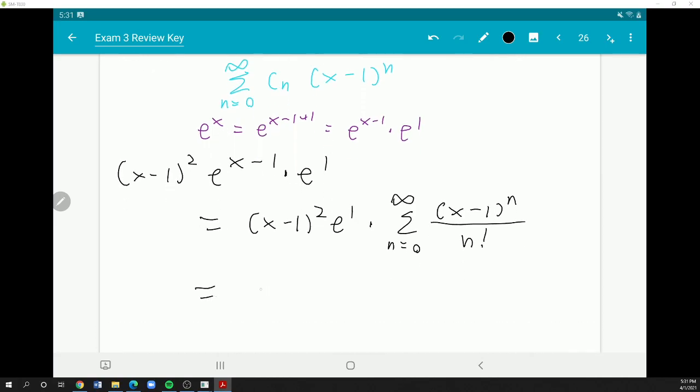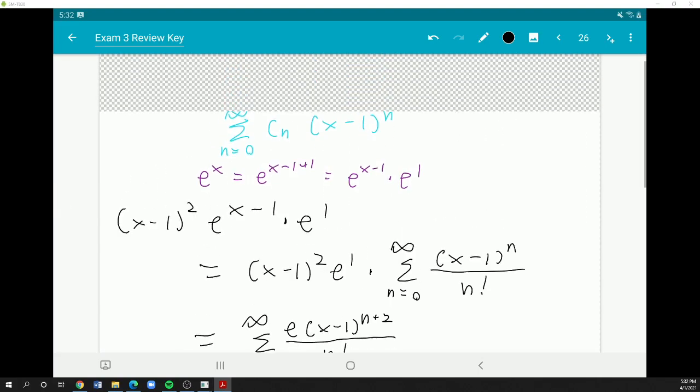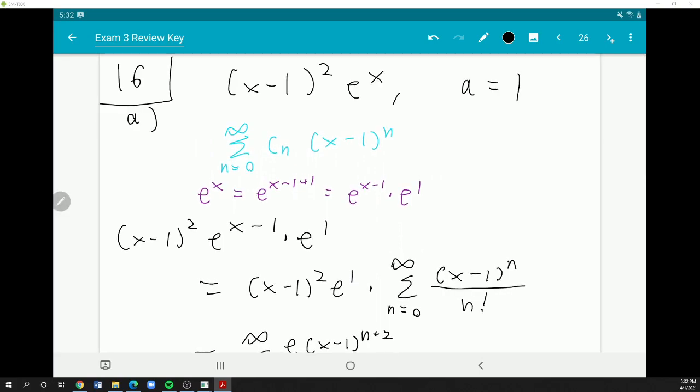And now I bring in the x minus 1 squared out here. This is x minus 1 to the n plus 2 times e, all divided by n factorial. So that gives us a power series expansion, or a Taylor series for that thing. So that's A.